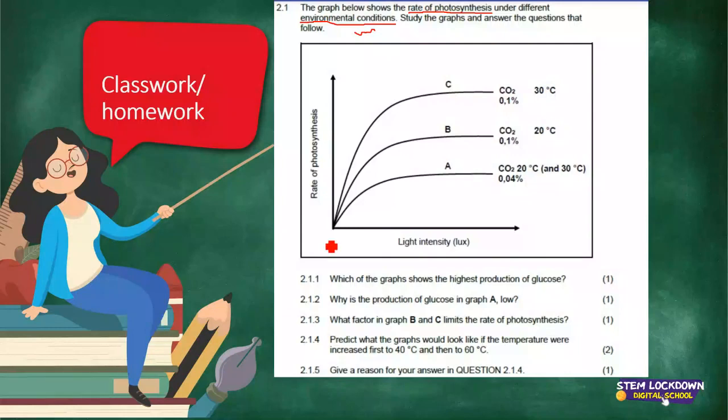Right, okay. So in this graph, we have the rate of photosynthesis and light intensity on our independent axis.